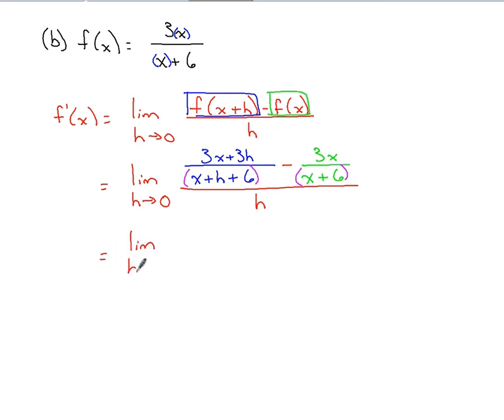Got our limit down here still applied because we haven't simplified the function. Let me start with the denominator portion here. You've got an h on the bottom already. And like I said, in theory, we're multiplying top and bottom here by these two denominators. So I'd have x plus h plus 6 down here and x plus 6 down here.